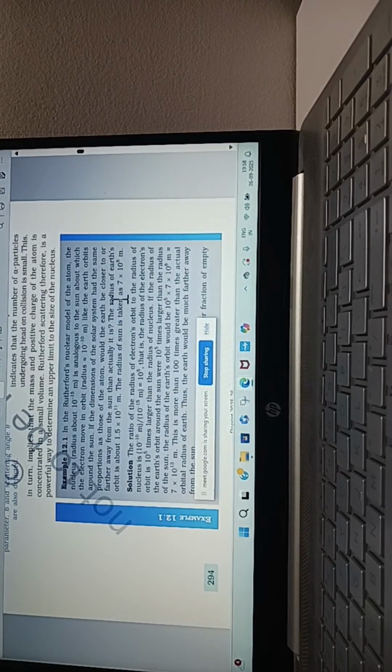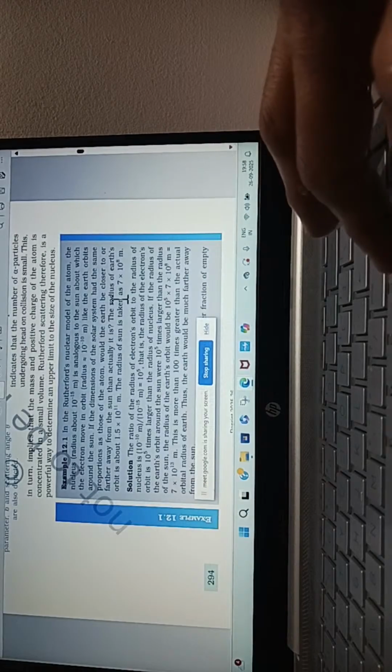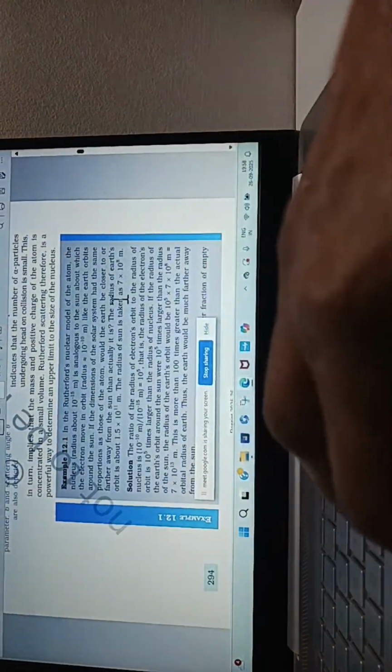So how to compare? You simply divide 10 to the power of minus 10 by 10 to the power of minus 15. How much will it come? I am asking for the ratio. Yes, 100 times. How did you arrive at that?